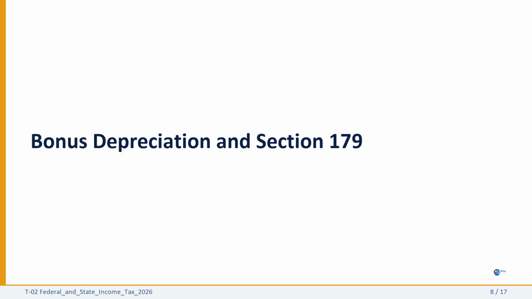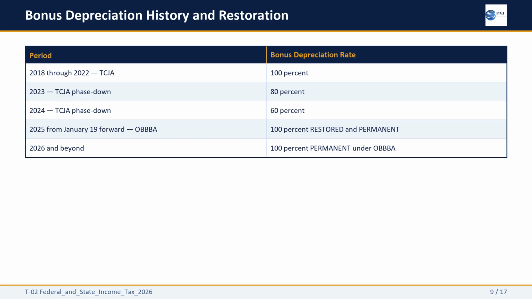One of the most significant OBBBA changes for capital-intensive businesses is the permanent restoration of 100% bonus depreciation. Let us look at the history, the current rules, and how Section 179 compares. The TCJA of 2017 established 100% bonus depreciation starting in 2018.